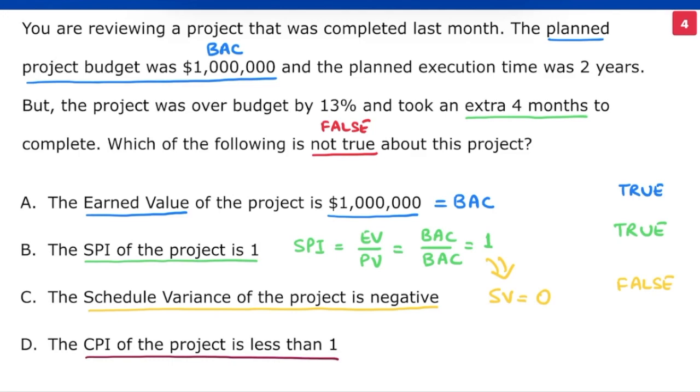We know that the project was over budget by 13%. CPI should indeed be less than 1. D is also true. We are looking for a statement that is not true. A, B, D are true. So, C is our choice. Let's look at the next problem.